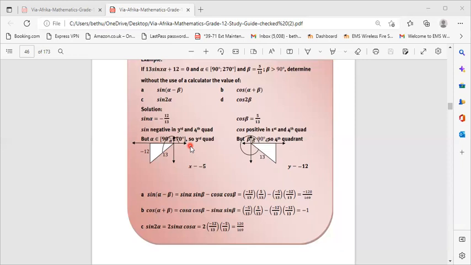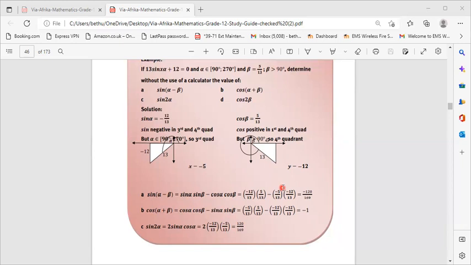So remember, cos is adjacent over hypotenuse. So our adjacent side is 5. Our hypotenuse is 13, right? And then now we need to solve for the unknown side. Now in the fourth quadrant, we do know that our x values are positive, and obviously our hypotenuse will always be positive.